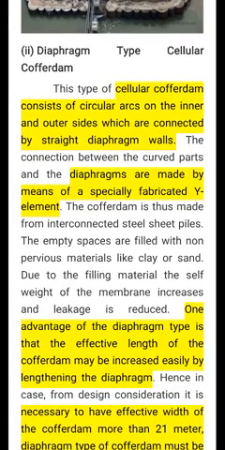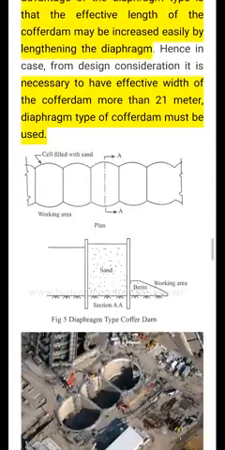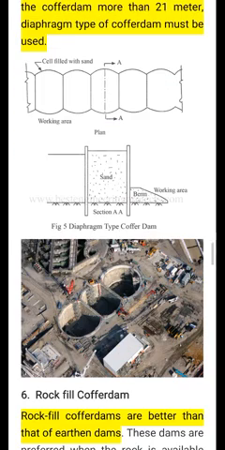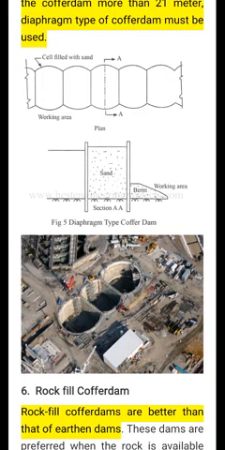Now the diaphragm type. These are the same, but they are joined by one straight diaphragm. You can see one straight line between two circular shapes. There will be a separation by one straight wall. And again you can see the picture here.